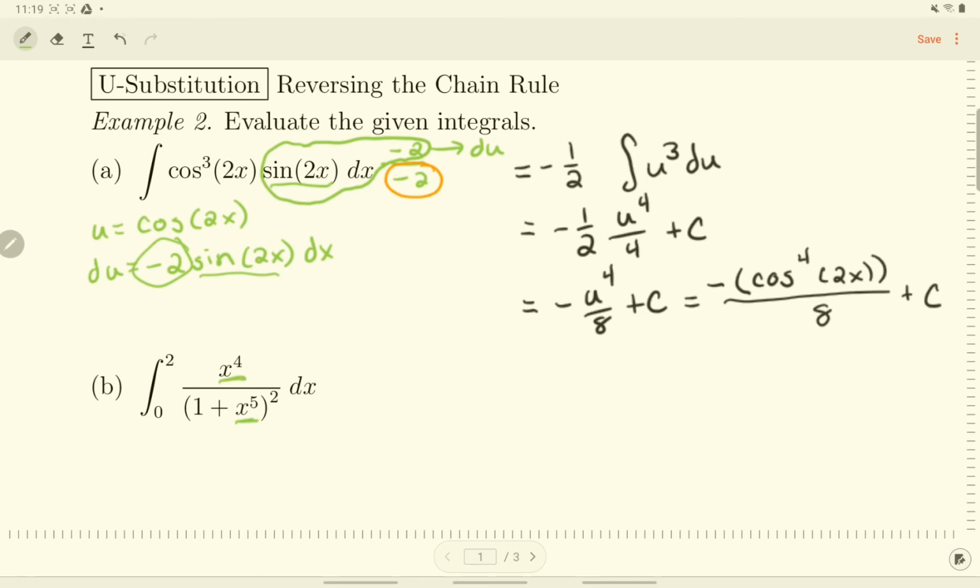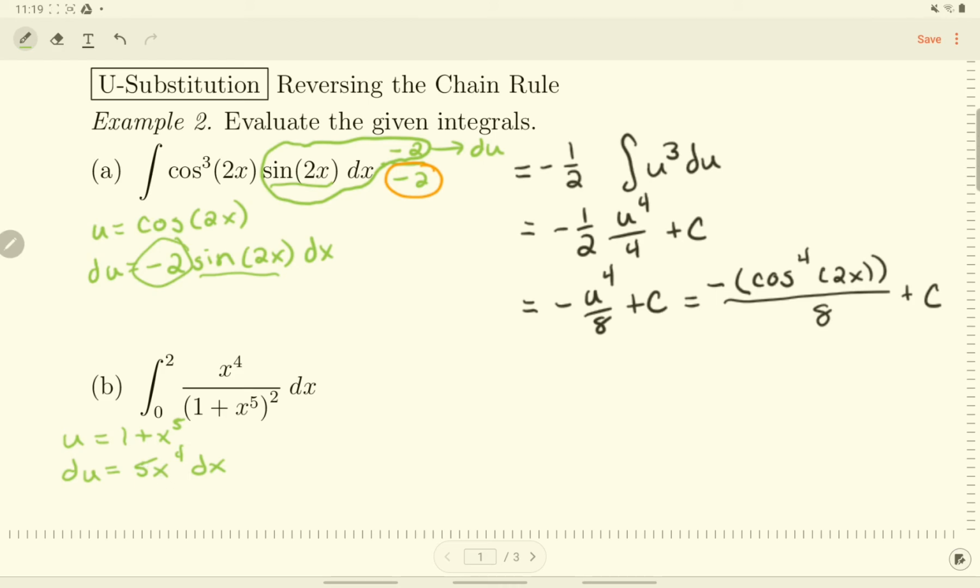So that's promising. So I'm going to take u to equal 1 plus x to the 5th, because that 1's derivative will just be 0. So du is 5x to the 4th dx.